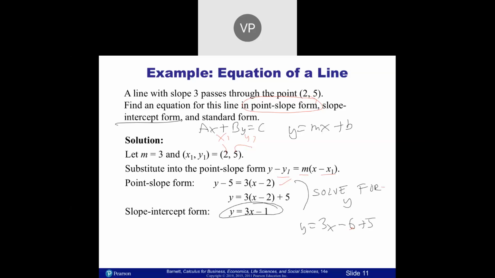So we want to get rid of fractions. Well, in this form, y equals 3x minus 1, there are no fractions. All I want to do is put the x and the y on one side and the number on the other. And it was one easy fix right here. If there was a fraction, say in the slope, you would multiply every term by that denominator and you'd get the answer. You'll see that on a future exam. So that's what the deal is for this one.